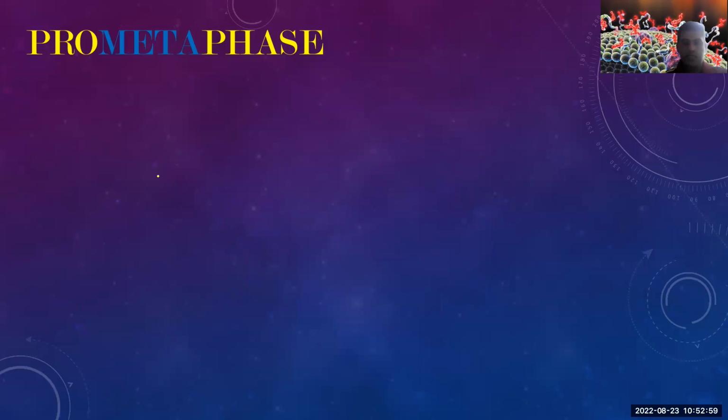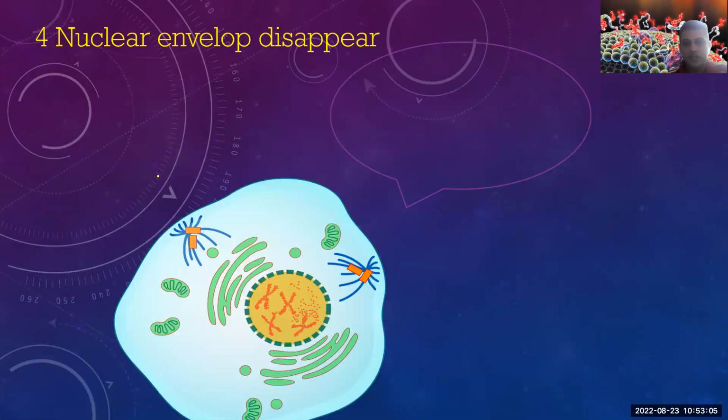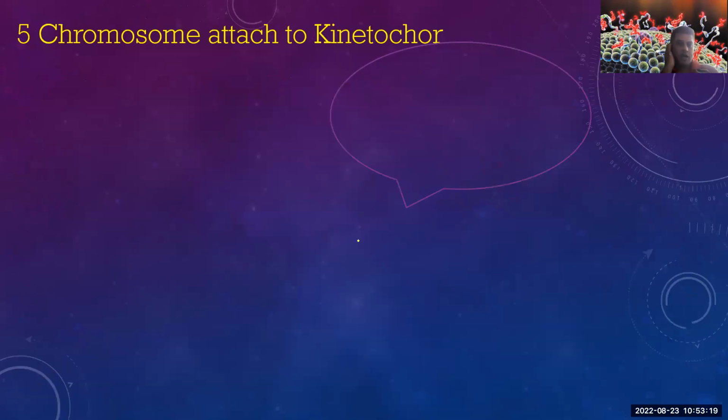The fourth one, nuclear envelope disappears. It is breaking its membrane. And the fifth one is chromosome attached to kinetochore.